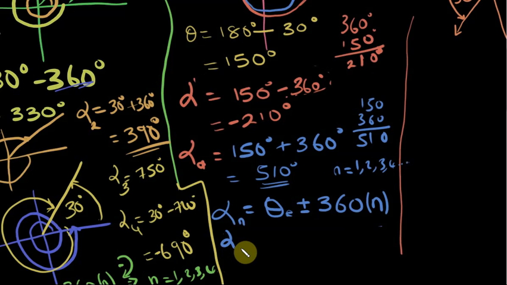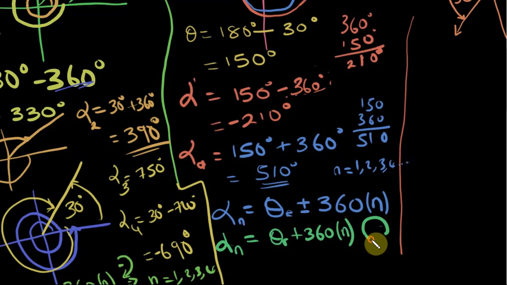If you want a counterclockwise angle, which is a positive angle, we would add 360 degrees multiplied by n to our reference angle.